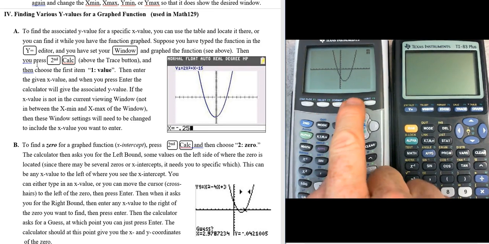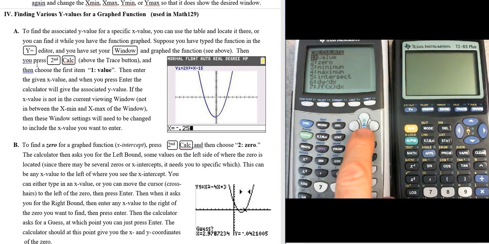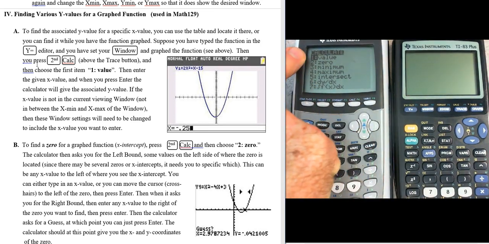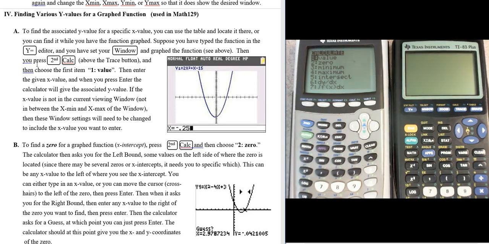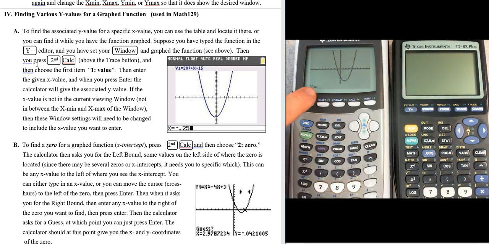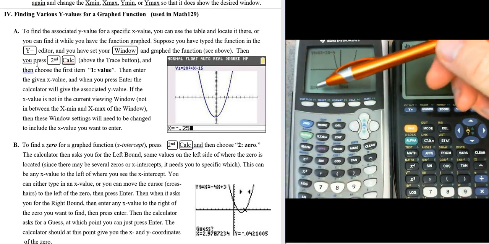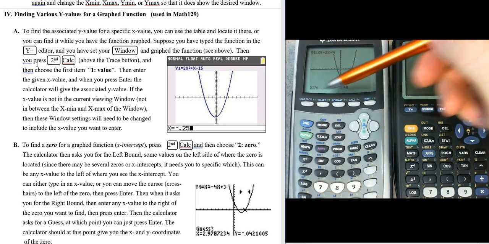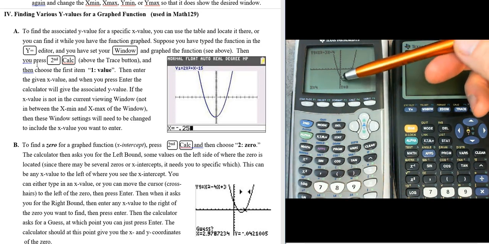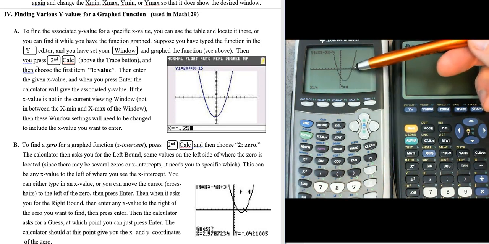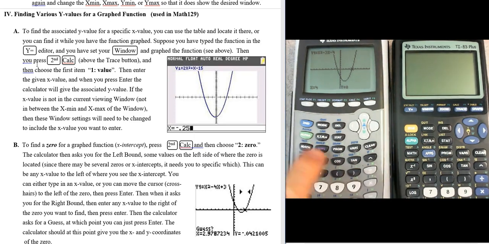You can go second calc, and the first item there is value. So if I press enter, now it's asking me for an x value. So let's say I put in 4 for x. All right? It's telling me that when x is 4, y is 0. And you see 4 to the right and 0 right there. Okay?